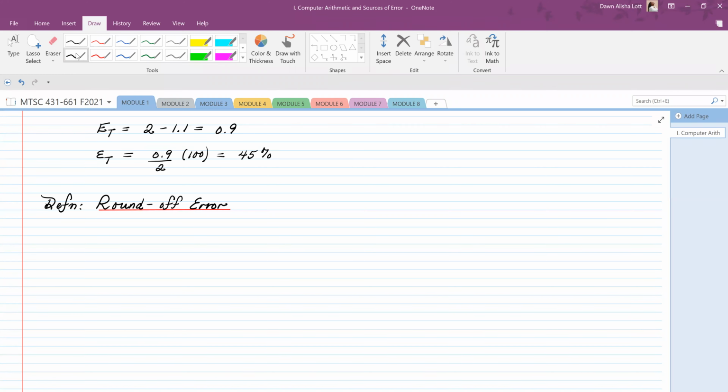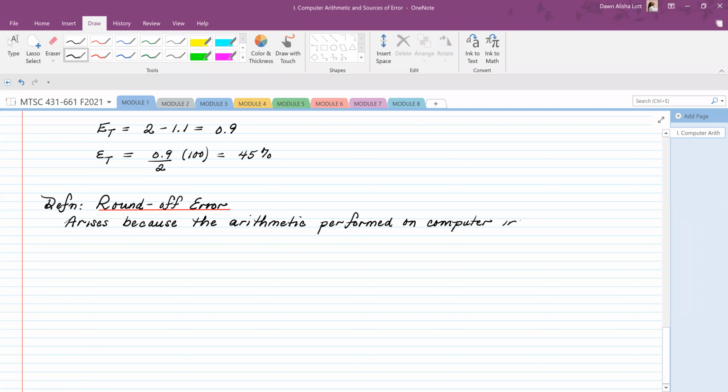So round off error, this arises because the arithmetic performed on the computer involves numbers with only a finite number of digits.